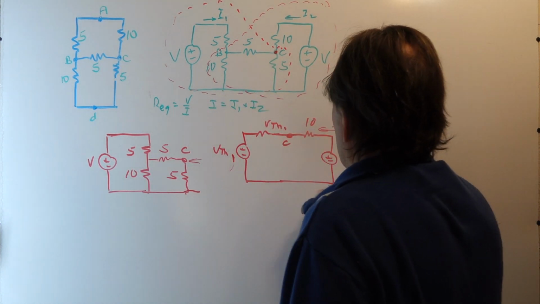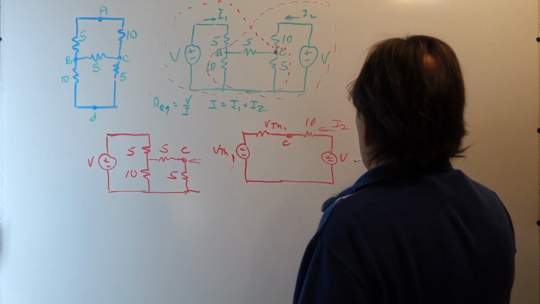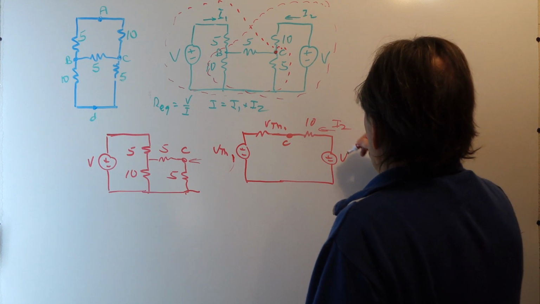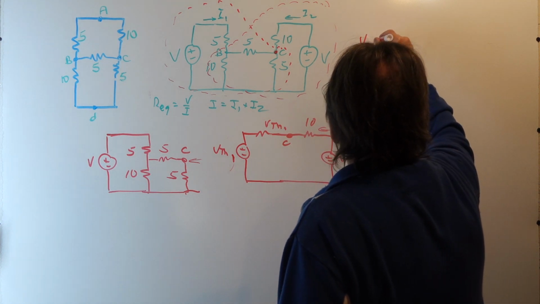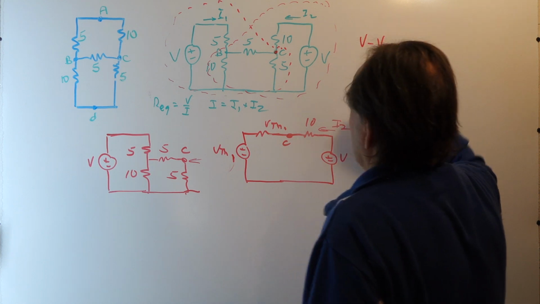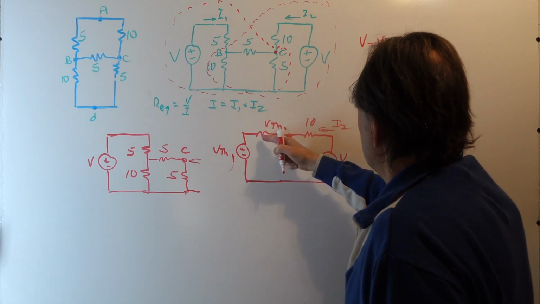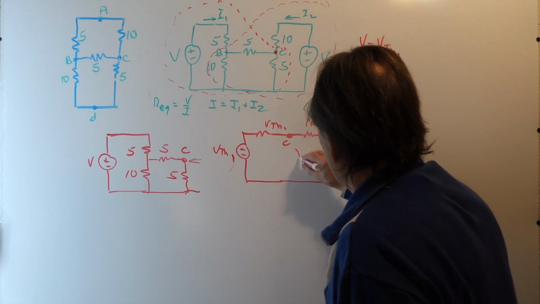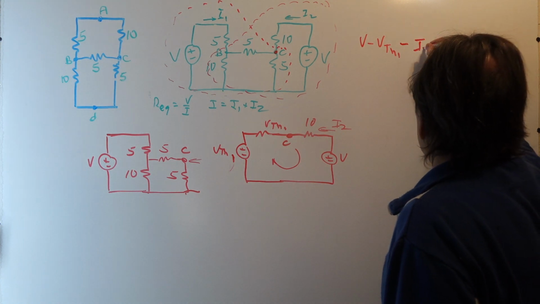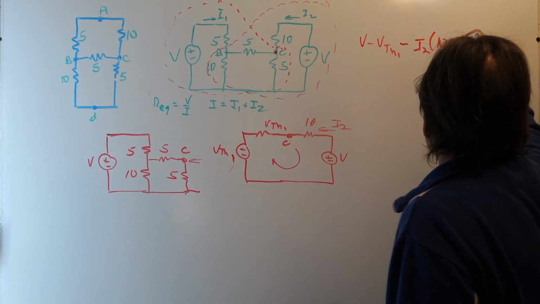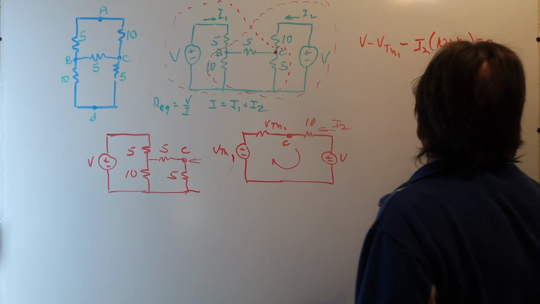If I write Kirchhoff's voltage law around this loop, we will see that starting here, we have V minus VTH1, and then our I2 is in the opposite direction as I go around the loop this way, summing. So this will be minus I2 times 10 plus RTH1 is equal to 0.